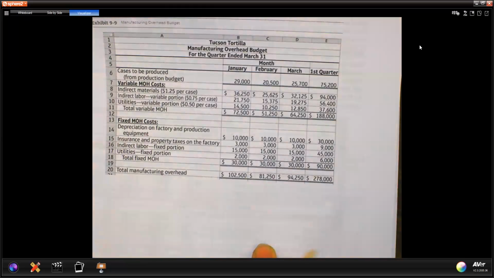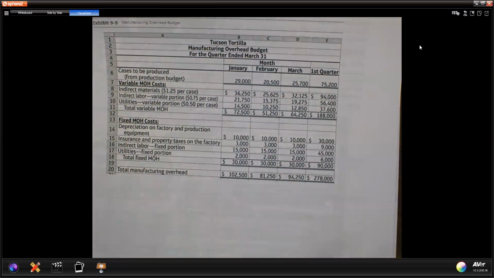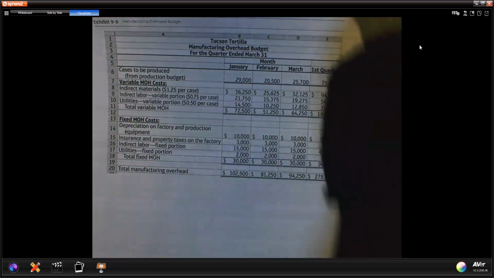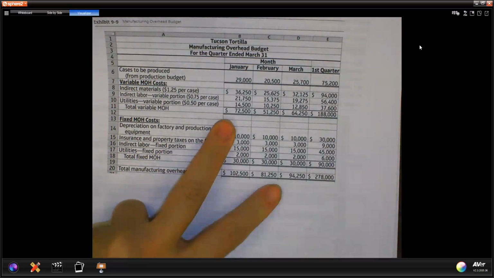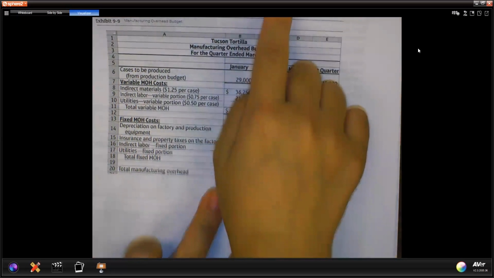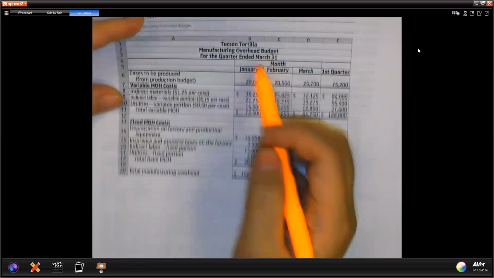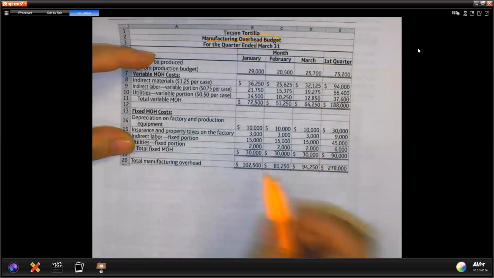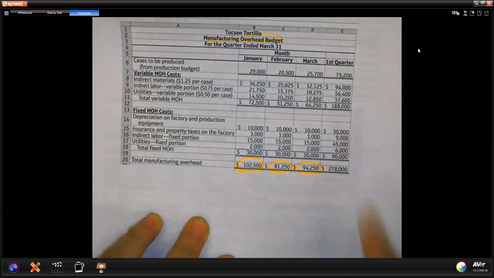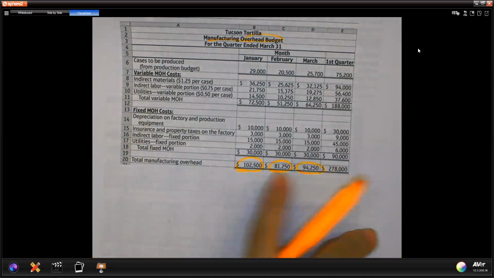Okay, and then we said manufacturing overhead, also nothing too much. Basically, you have all the variable manufacturing overhead, you have fixed manufacturing overhead. Sorry about that. I did all of the calculation, I didn't do the textbook, I did all of the calculation. So you have January manufacturing overhead. You thought, hey, it will be this much, this much, this much, and then your total will be this much. But do we really need to pay them?